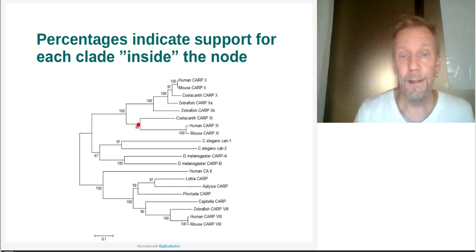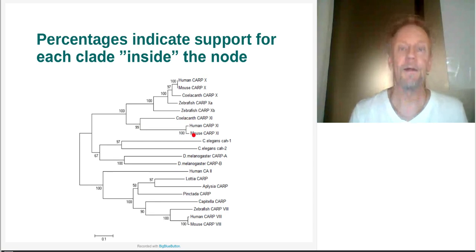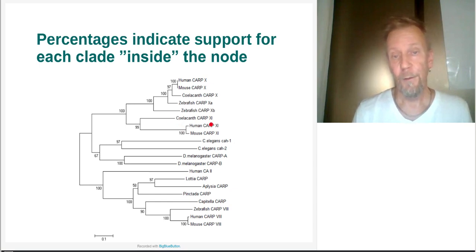So having 99 here means that 99% of the simulated trees included a clade which has the three taxa, coelacanth, human, and mouse, CARP11 from each.